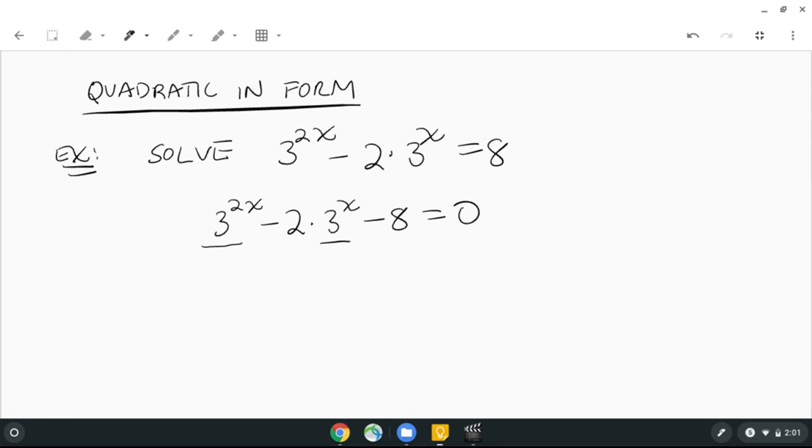One way to look at this, if you want to use actual substitution, is that u could be 3 to the x. So u squared is 3 to the 2x.